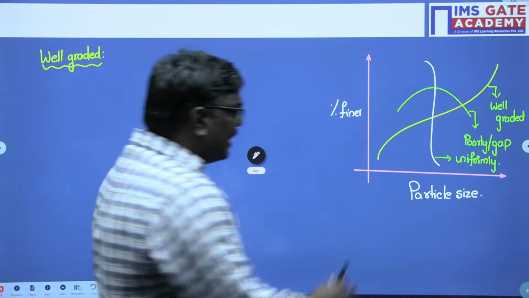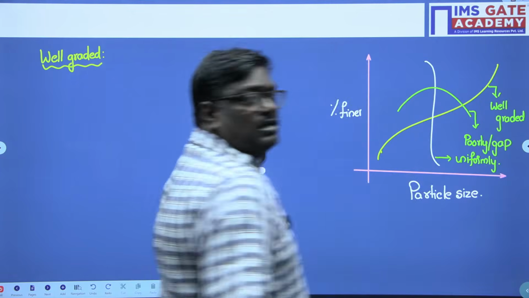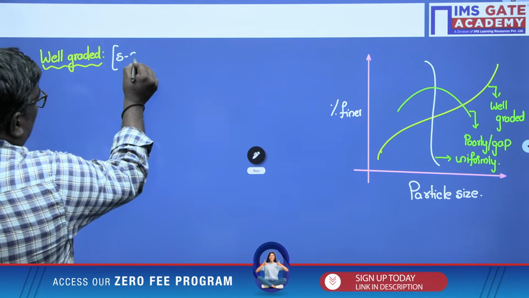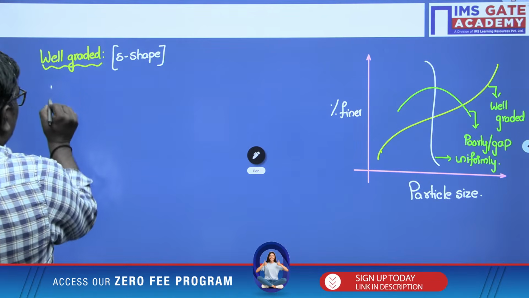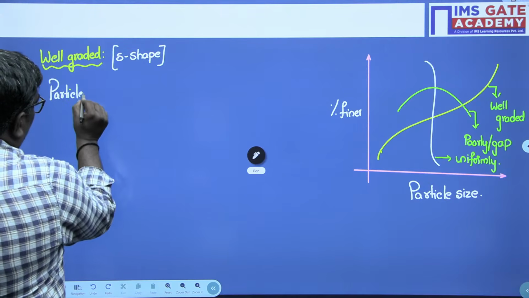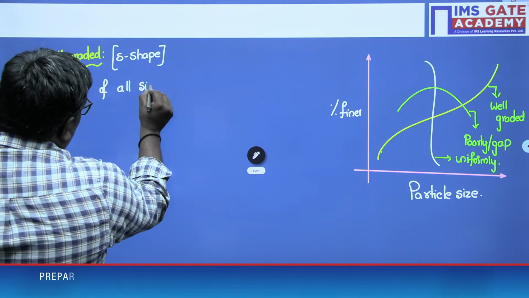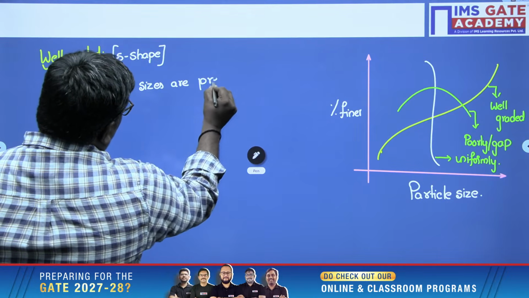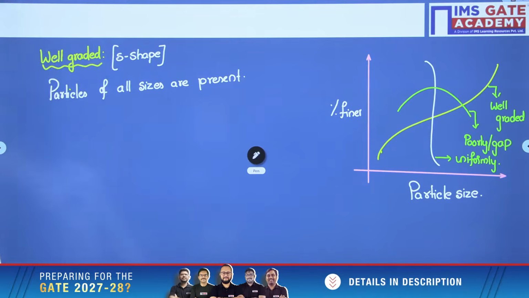Looking at it, particles of all sizes are present here. So what is well graded, sir? Particles of all sizes are present. This is very important.